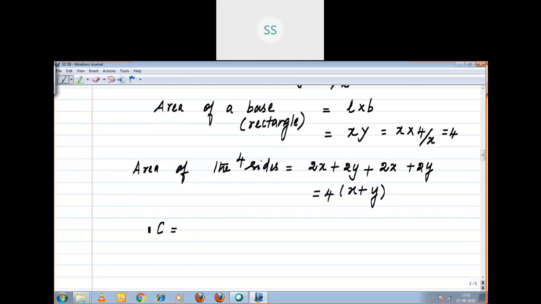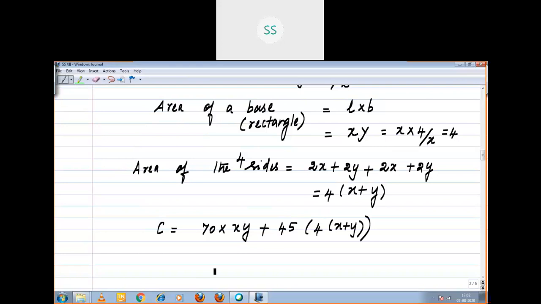So cost is equal to 70 into area of the rectangular base, that is xy, plus 45 into area of the four sides. Area of the four sides is nothing but 4 into x plus y.